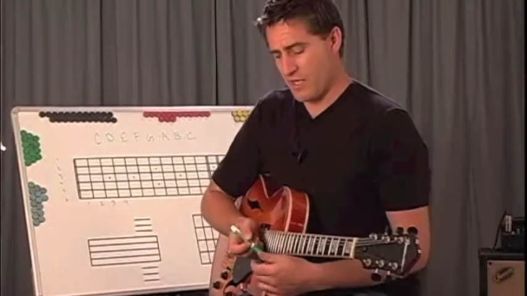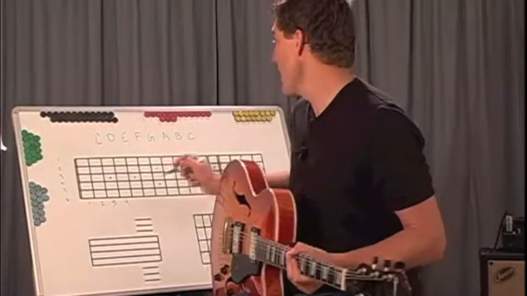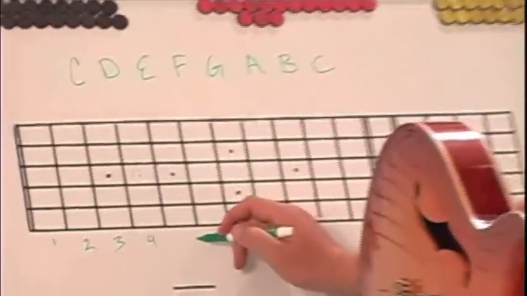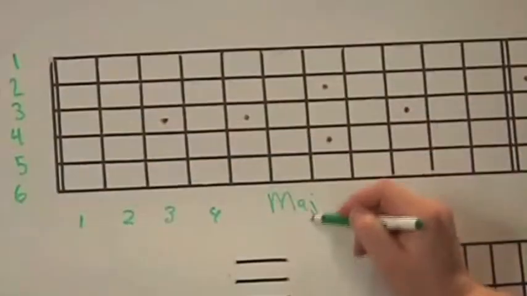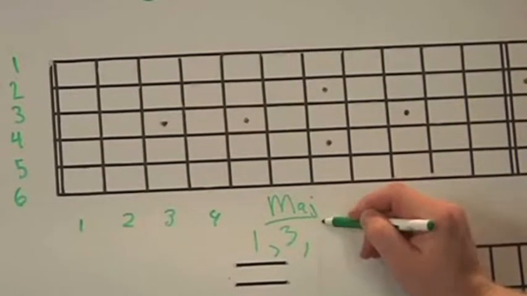Now, the other thing I'm going to write out is the basic construction or intervallic makeup of a triad. So if we have a major triad, it consists of a 1, 3, and a 5.